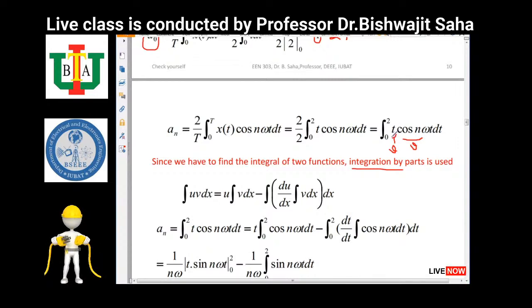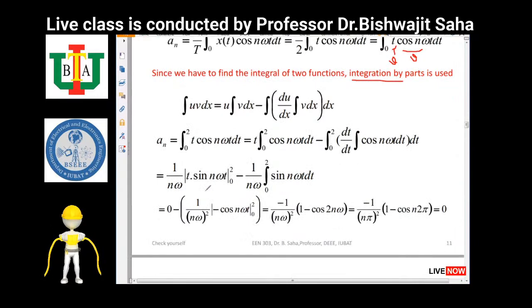But the interesting point is, if you don't consider it in the right way, it will be useless to consider v as t and u as cos(n omega t). Because if you consider cos(n omega t) as u, then your problem will go on continuously, there will never be an end. But if you consider u as t, then you can find the solution easily. That's why in this problem we have considered t as u.